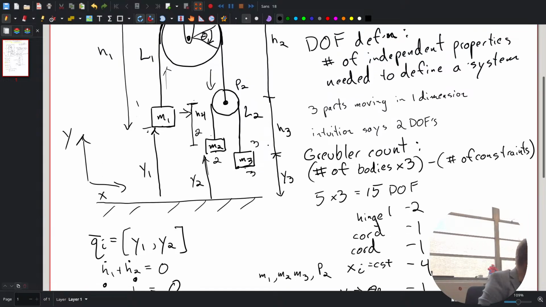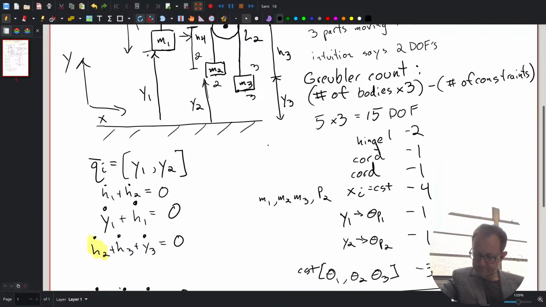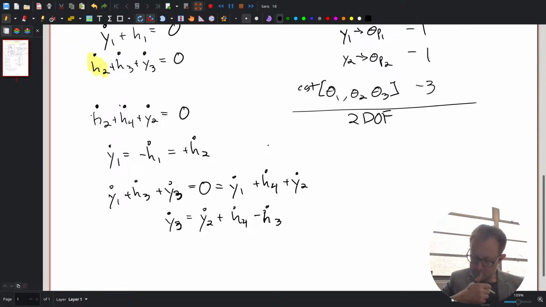Am I missing anything? I don't want to leave those derivatives in there.